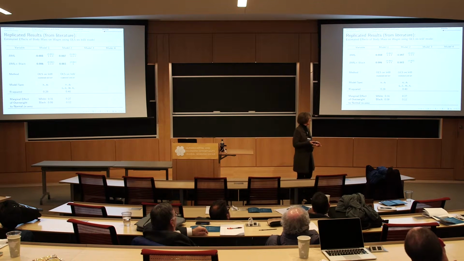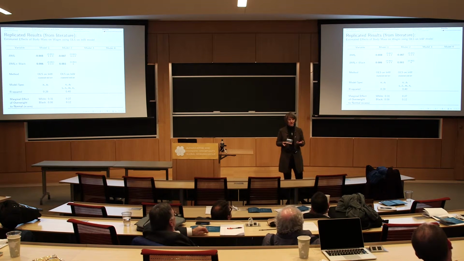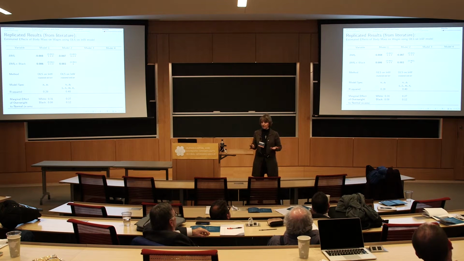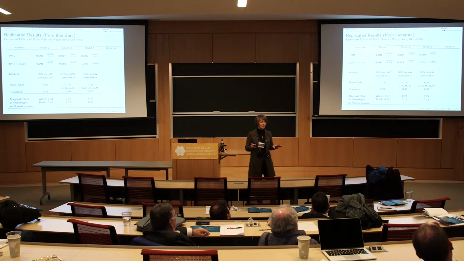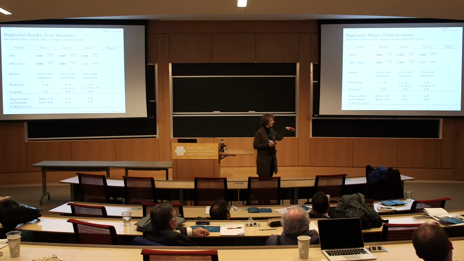Then I added in the variables that I thought are important in explaining wages, again treating them as exogenous, and we see a little bit of a decline in those estimates of the marginal effect.